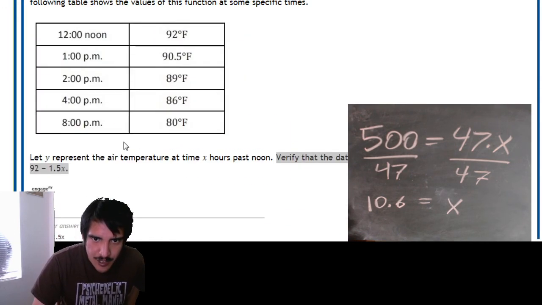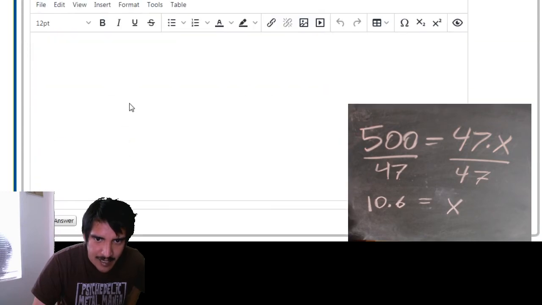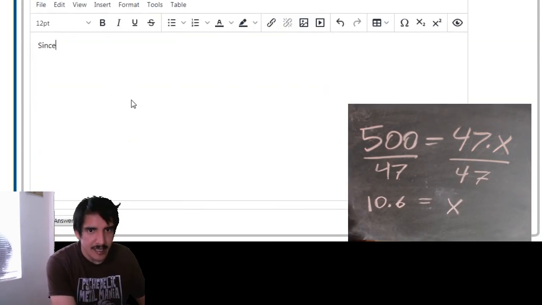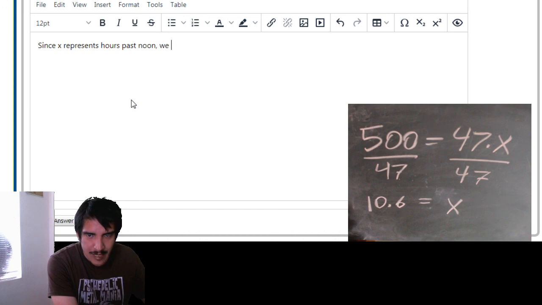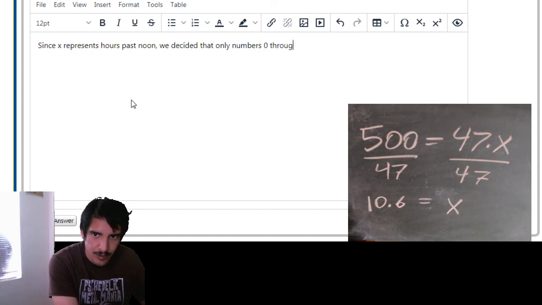Are there any restrictions on the values that x and y can adopt? And yesterday we said since x represents hours past noon, we decided that only numbers 0 through 12 made sense.